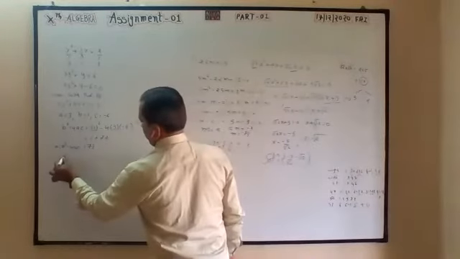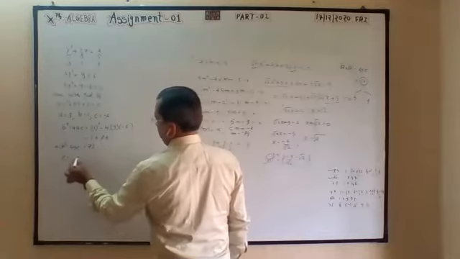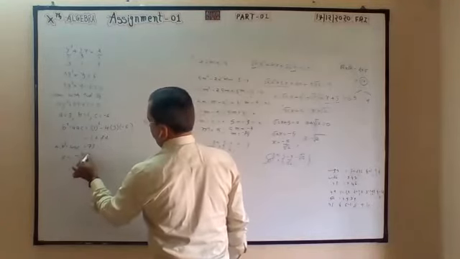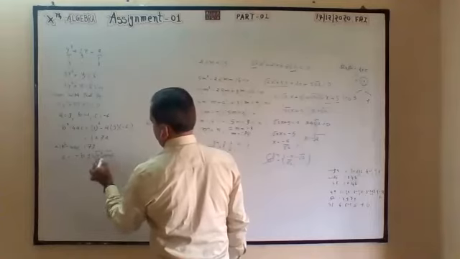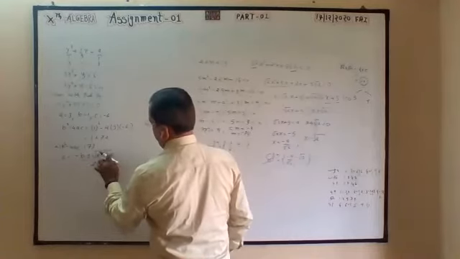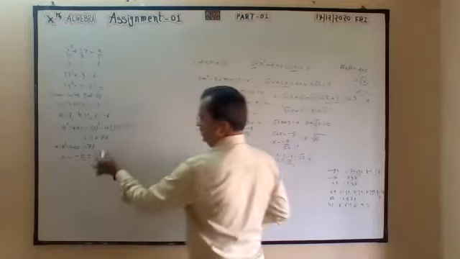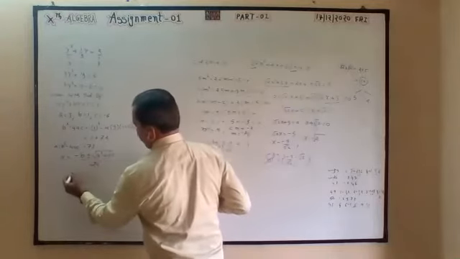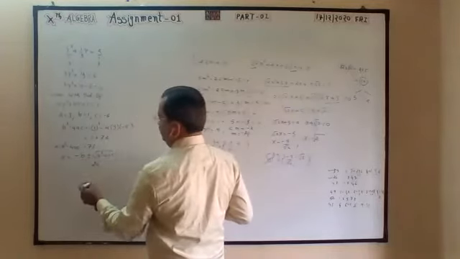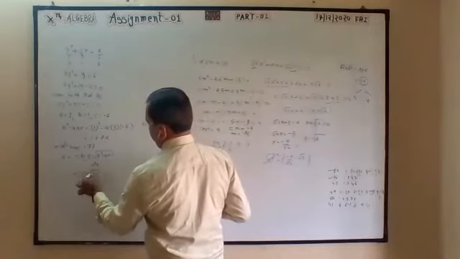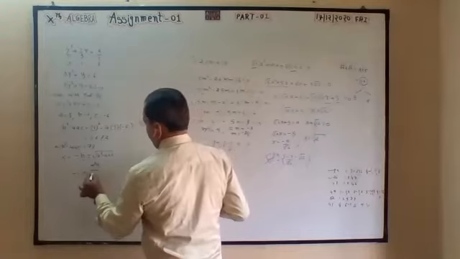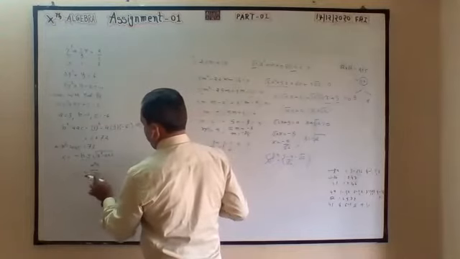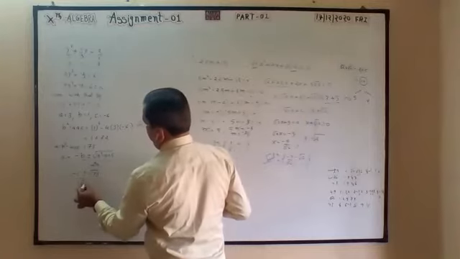Now your formula: direct solution is equal to minus b plus or minus under root b square minus 4ac divided by 2a. So now you will substitute directly: minus b, b is 1, minus b is minus 1, plus or minus root 73, divided by 2a, 6.